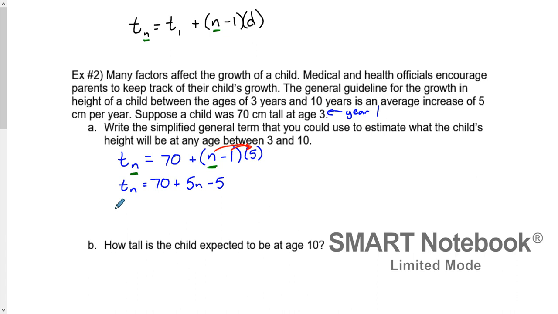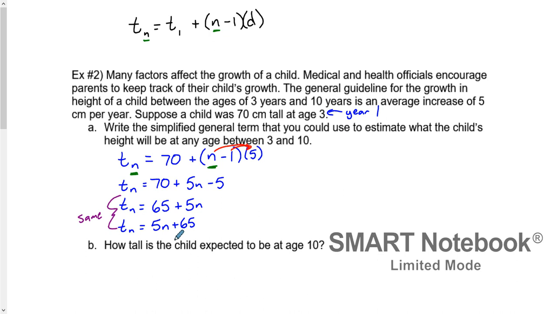To combine our like terms, 70 minus 5, 65, and 5n. Of course, if you want to rearrange it, absolutely go for it. Typically, I'll put my variable in front. But overall, I don't care which one you use because they are the same.